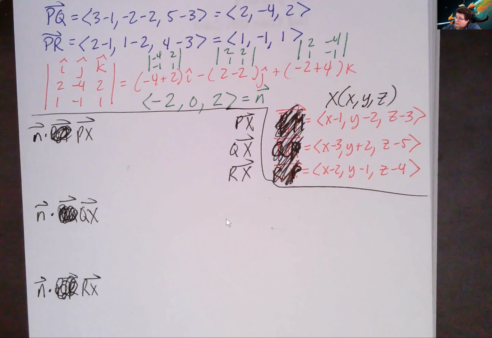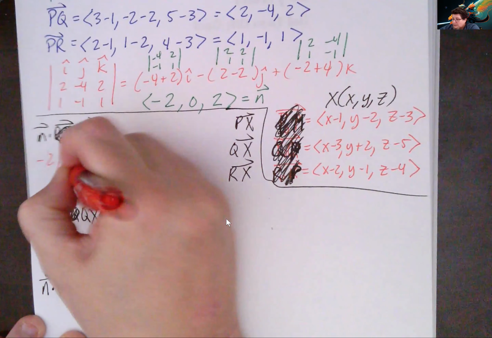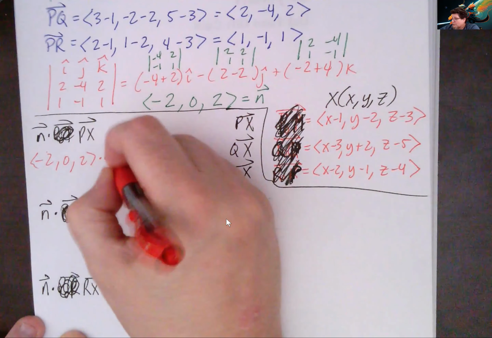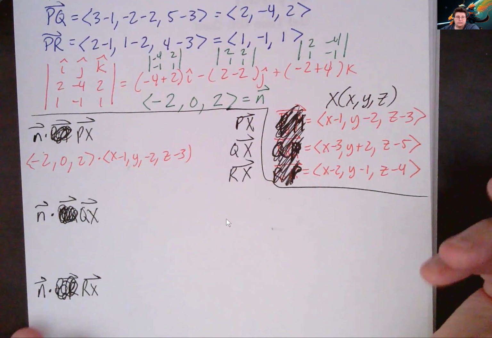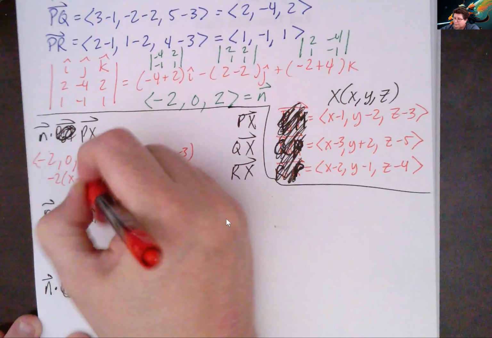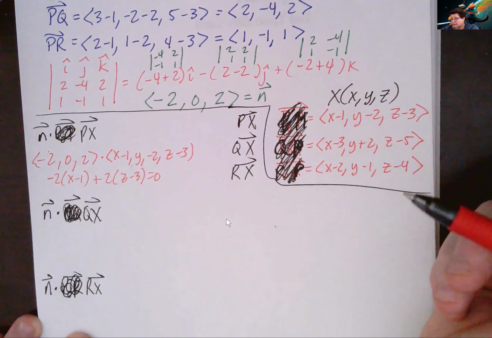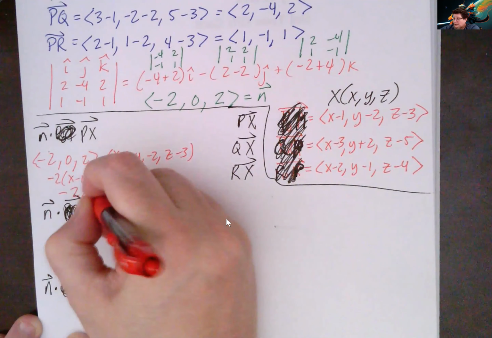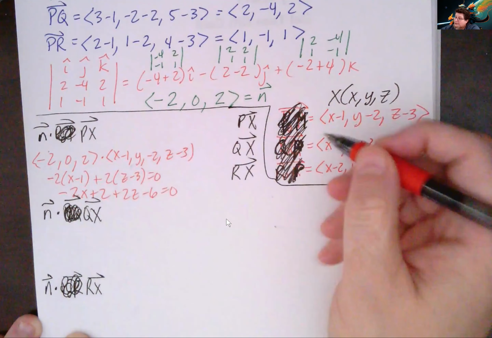All right, so what do we get? We got -2, 0, 2 dotted with X minus 1, Y minus 2, Z minus 3. -2 times X minus 1 plus 2 times Z minus 3 equals 0. -2X plus 2 plus 2Z minus 6 equals 0.